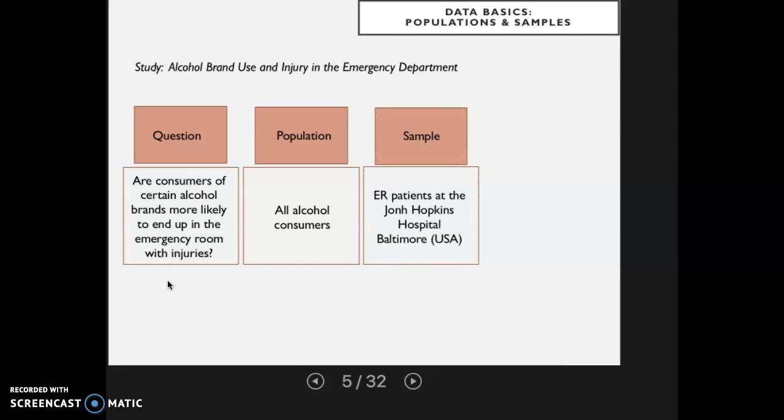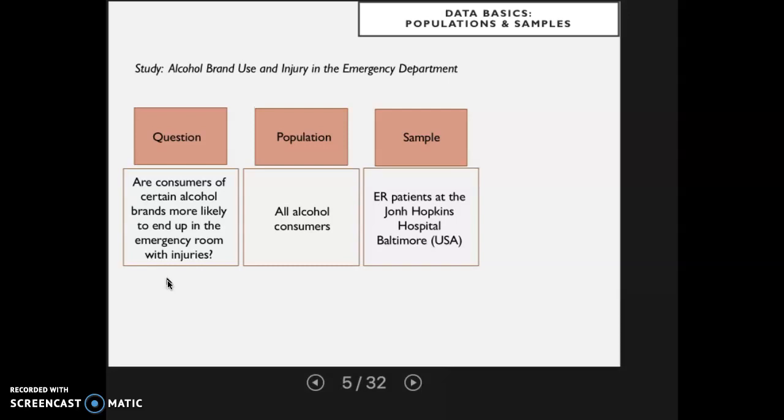We read about the sample typically in the method section of the paper. In this case, the sample was constituted by patients at the Johns Hopkins Hospital in Baltimore, USA, that were admitted to the emergency room. These particular patients were drinking within 6 hours prior to their admission.